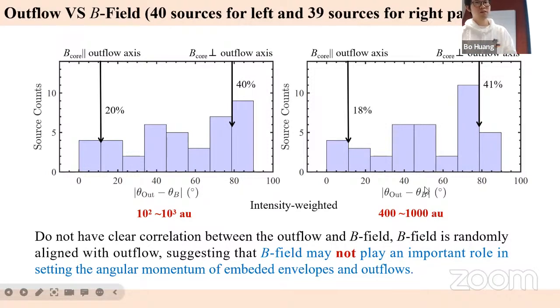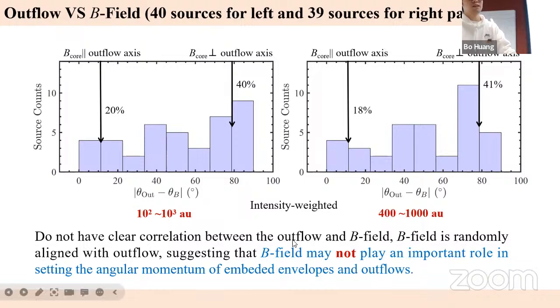So for the right panel, we exclude the inner 400 AU region to avoid this effect. And the largest region is 1000 AU, to give a more uniform region for all of the sources.